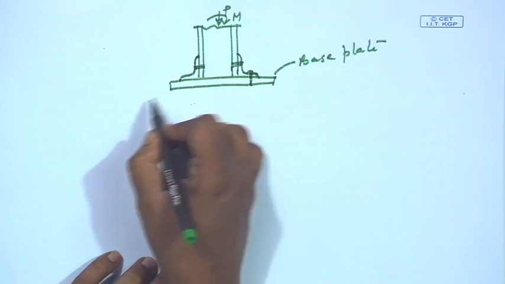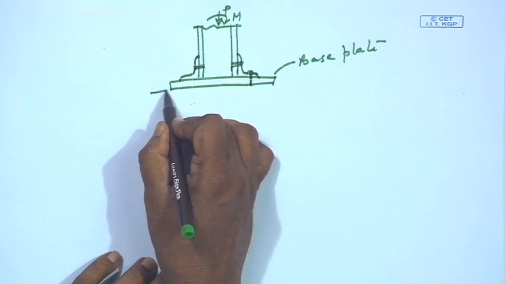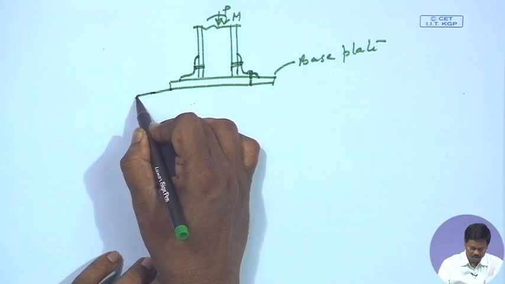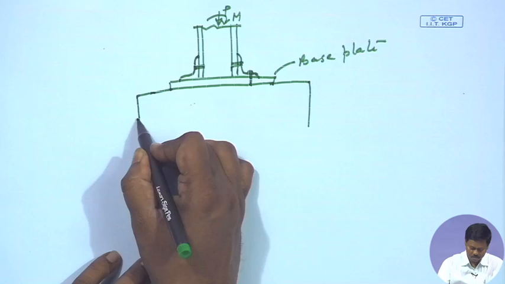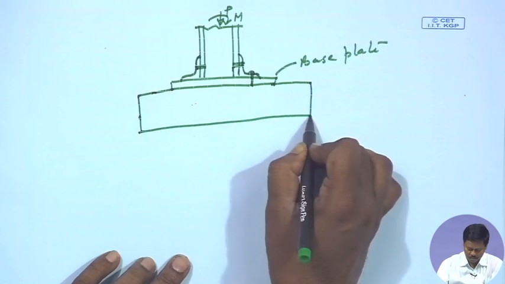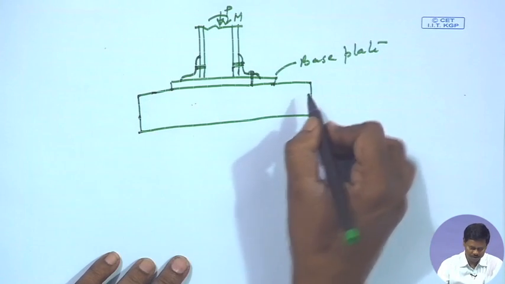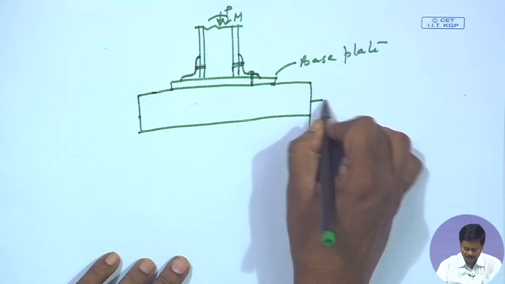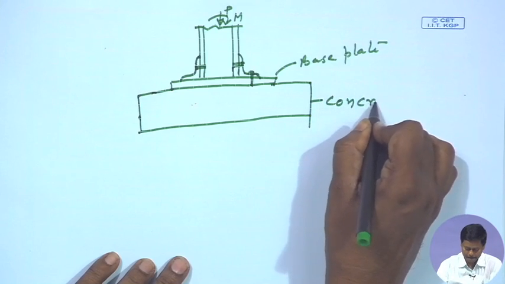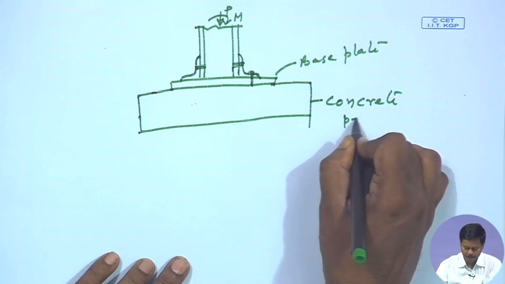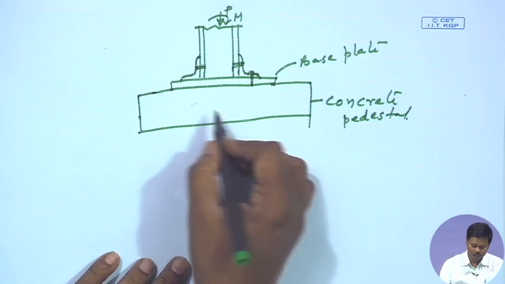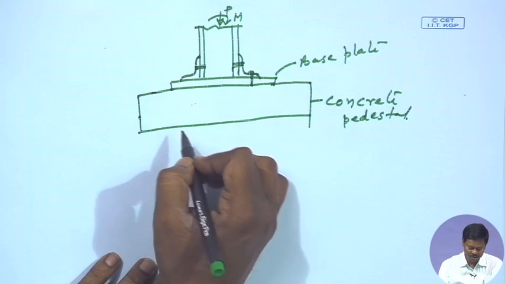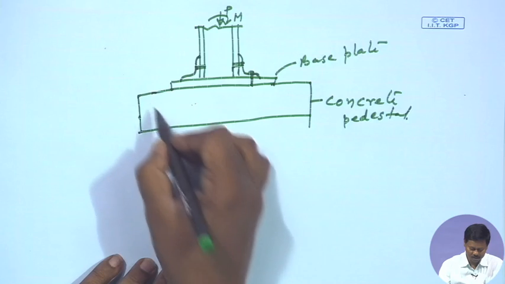Okay. Now, below the base plate, the load is again spread to the concrete base. This is called concrete pedestal. So, load coming from base plate is again transferred to the concrete pedestal.